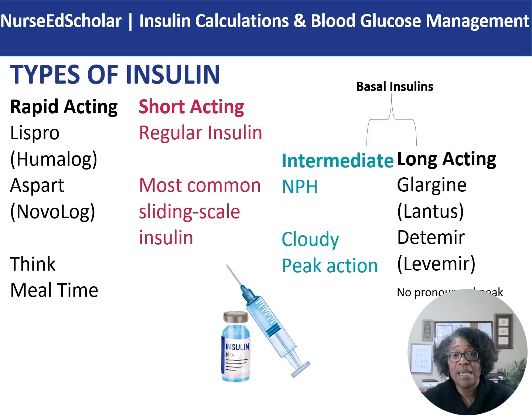Now, one thing I want to say with that is you're going to give Humalog or Novolog right when the patient eats. That means the food tray is right in front of them, they're about to put the fork to their mouth, and okay, you're going to give them their insulin. Because when you give that rapid-acting insulin, that is for the food that they are about to eat.